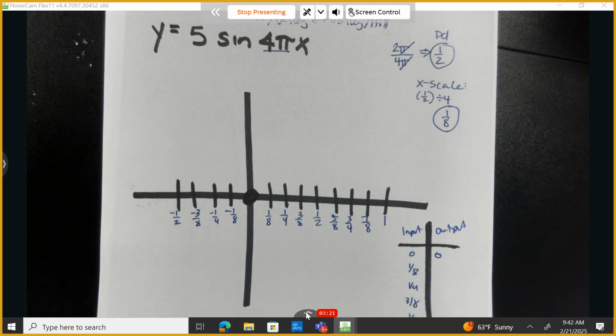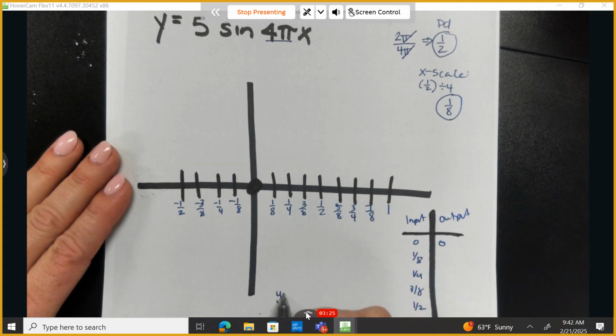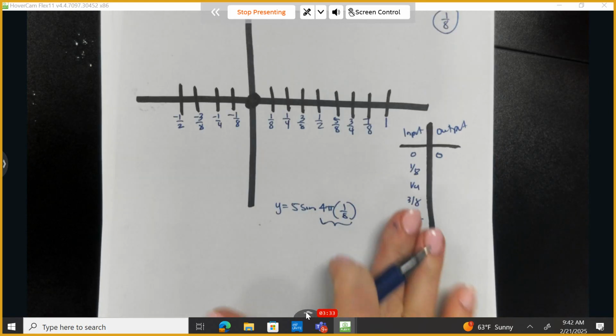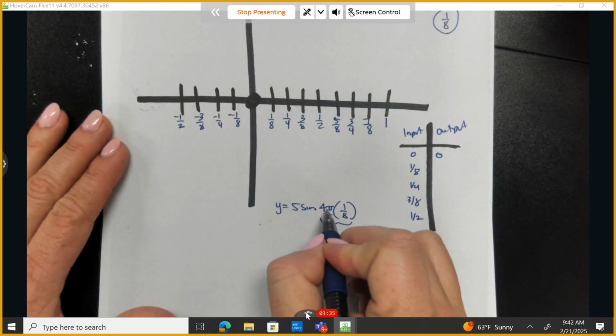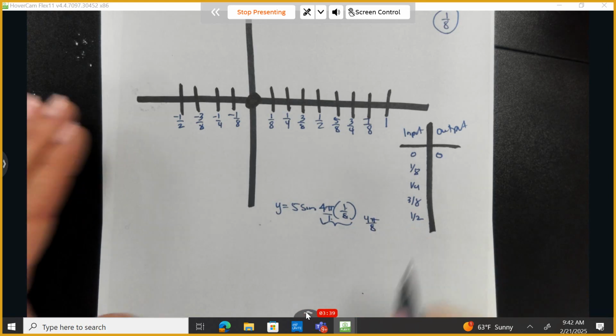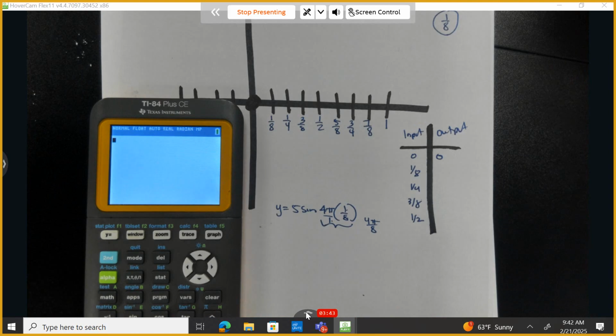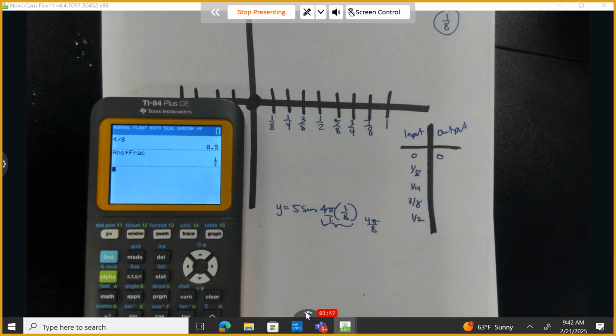Now let's do 1/8. So I'm going to come off to the side and show my work here. Y equals 5 sine of 4 pi times 1/8. And I want to simplify this. Well, how do I simplify that? Okay, 4 times 1 is 4, and there's a pi. 1 times 8 is 8, and now I need to reduce 4 over 8. If you don't feel confident, you either grab decimals at home or grab a calculator. 4 divided by 8, hit math fraction, enter, enter.